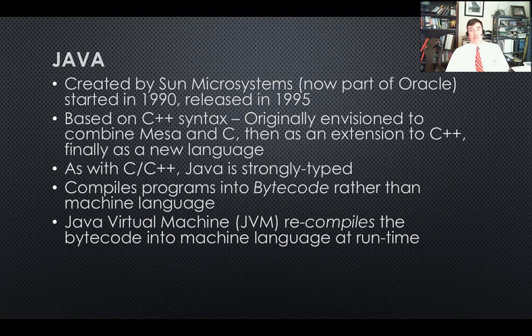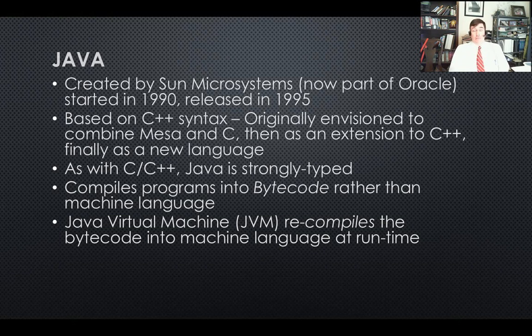Originally, Java was going to be a combination of Mesa and C. And then as it evolved, they decided to take it in the direction of being an extension to the C++ language. Finally, as they continued to evolve, it became its own language. But because of that hierarchy, it is strongly influenced by C++. So just like C++, it's a strongly typed language, and we'll get into that later on.